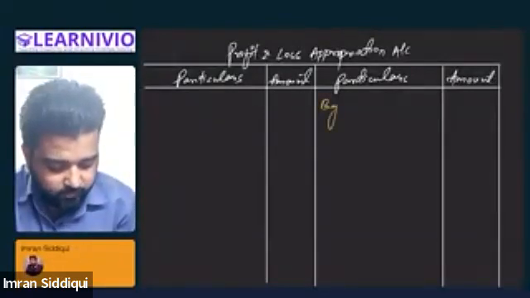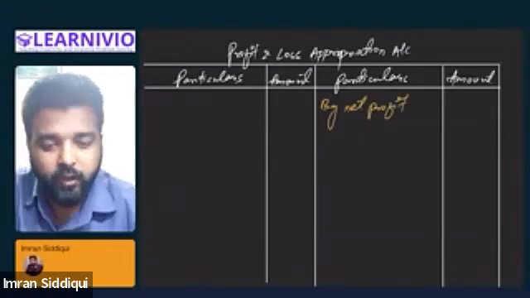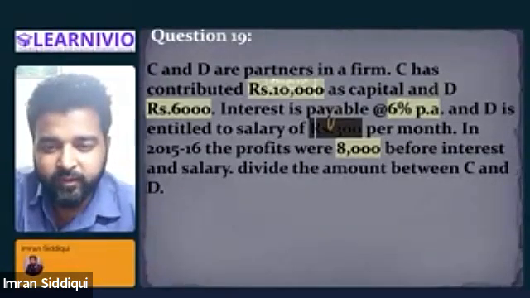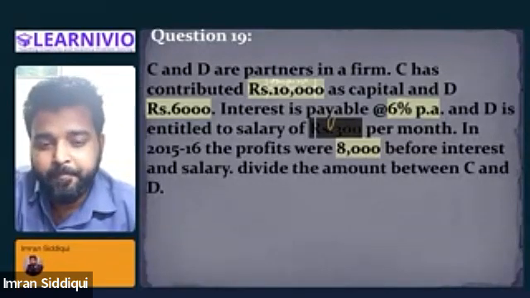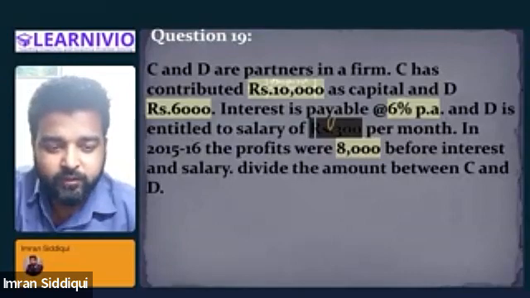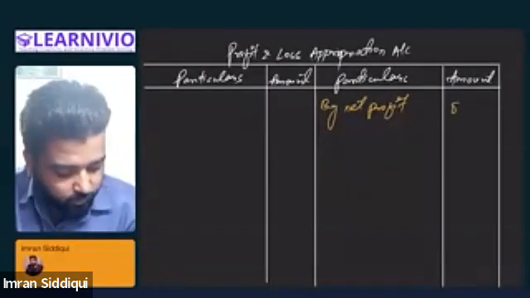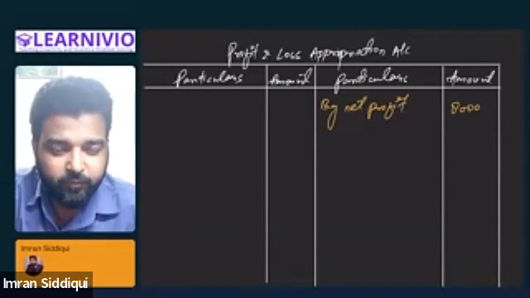So by net profit, which is already given in the question, we'll start with this. Since nothing is given in the question, we'll simply presume that this profit has been calculated after subtracting all the expenses which are treated as charge against profit. All right. So 8,000 is the profit, and it will be written as the net profit on the credit side.